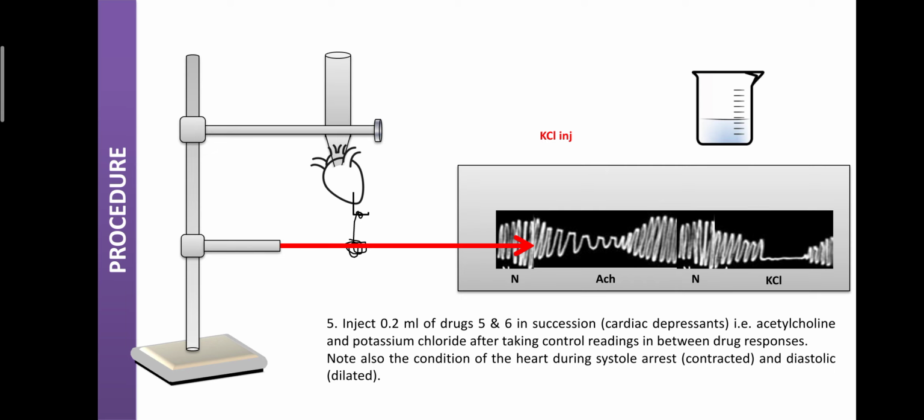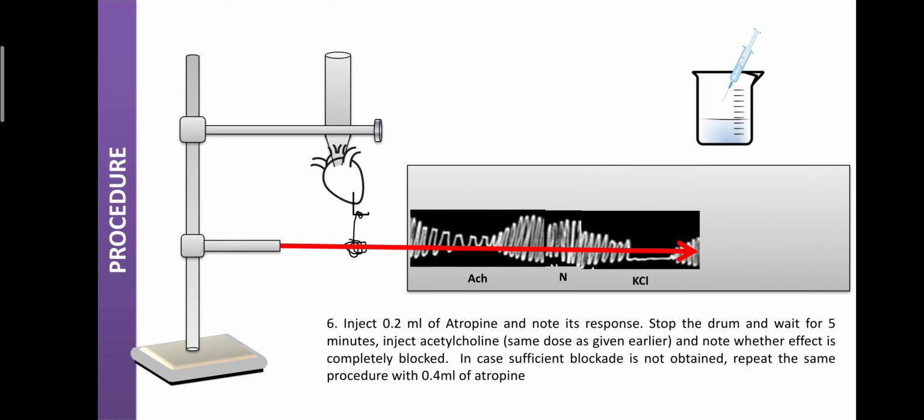But with calcium chloride, the heart was stopped in the systolic or contraction position. With potassium chloride, the heart stops in relaxation, which is known as the diastolic condition. After that, wash, then record the normal responses.